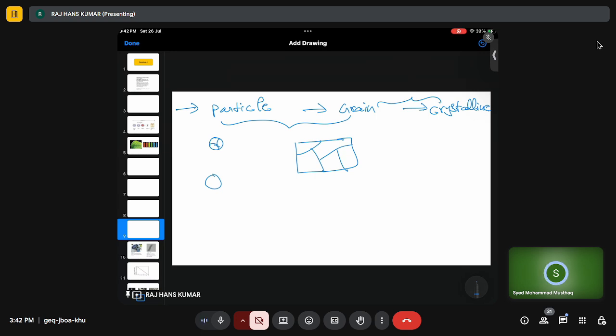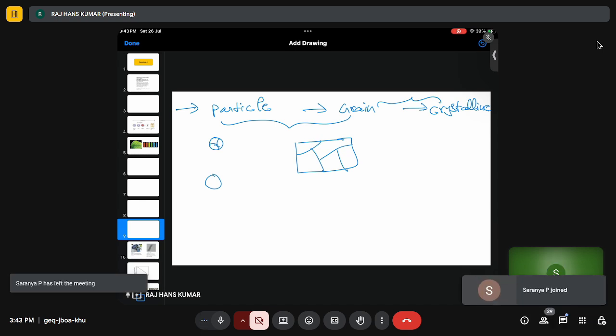In powder, particles will have different sizes depending upon the particle size distribution. Some particles may be big, some may be small, so some particles will have a lot of grains, some might have a very small number of grains. So it depends upon what context you are using, right?